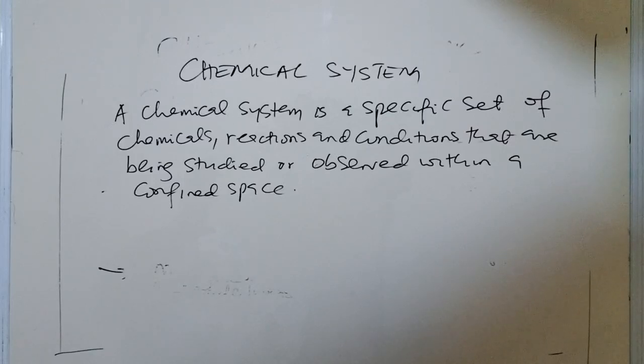So the system consists of the substances in the container, whether they are reacting or not, the container and the walls of the container, the boundary, and then the environment, which could be the laboratory or the surrounding where the substance is kept. That's the chemical system. Now we'll go to types of chemical system.